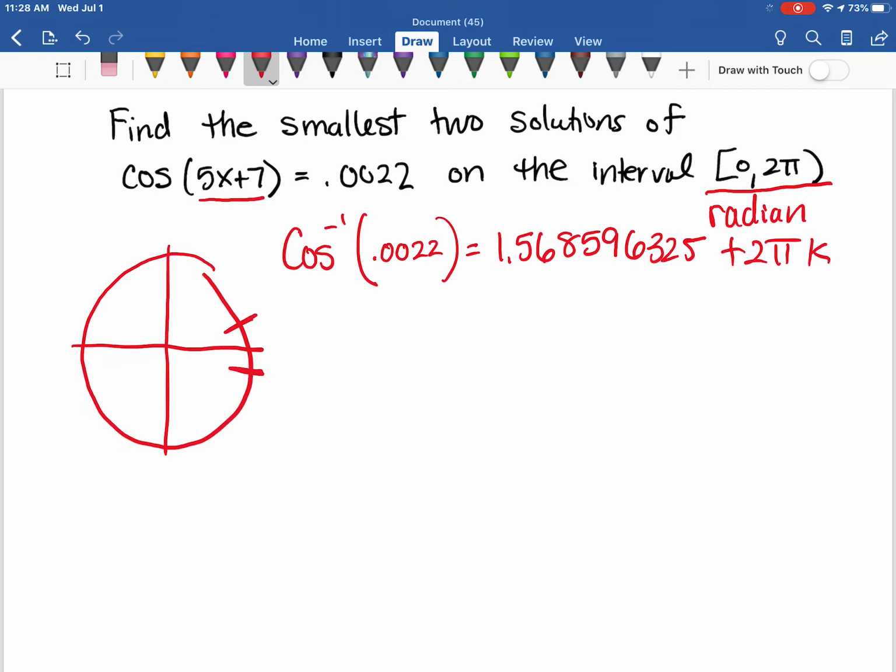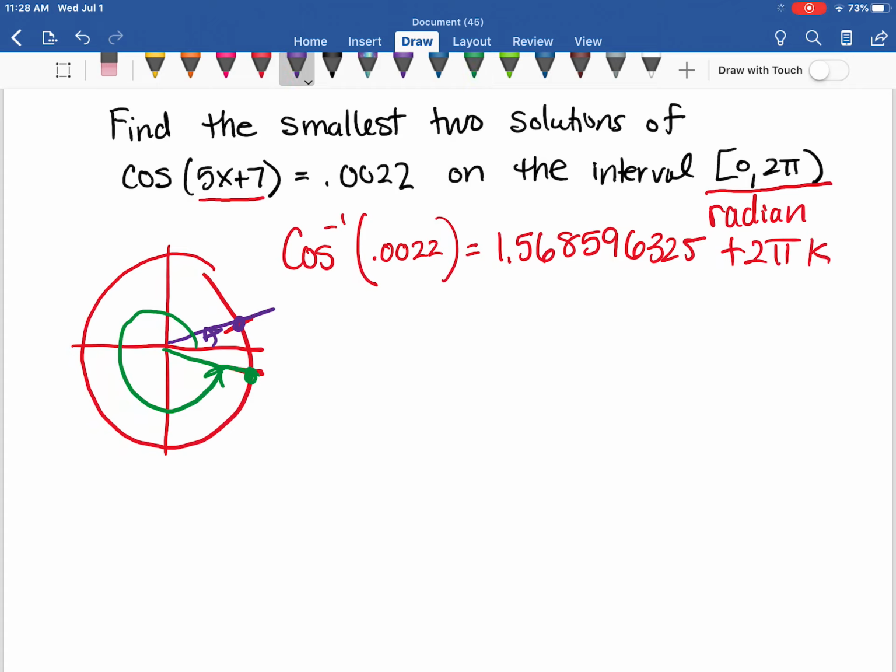That would be here and somewhere in here, in the first and the fourth quadrant, because cosine represents the x-coordinate on the unit circle. So we need to find this angle, and then we have another angle to find, which is almost 2 pi. It swings all the way open.